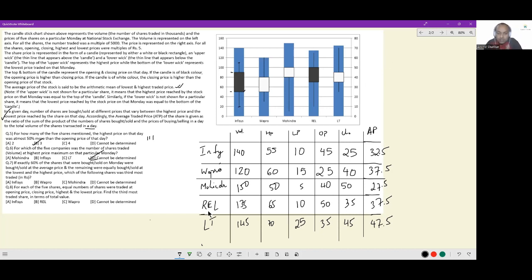So if I want to do the calculation for INFI, 60% of this is 84 into 32.5 plus 28 at highest and 28 at lowest. So I can simply do 28 at 65. This is the calculation that one needs to engage in for INFI.